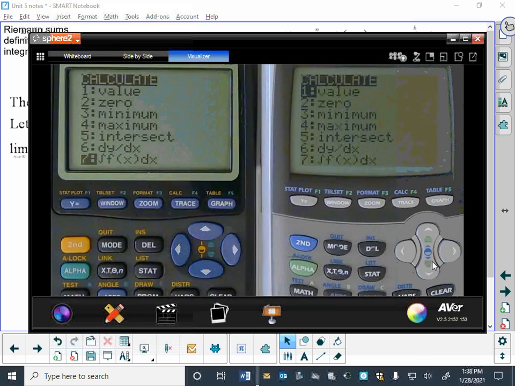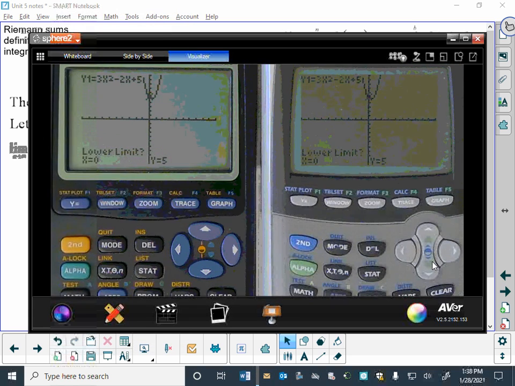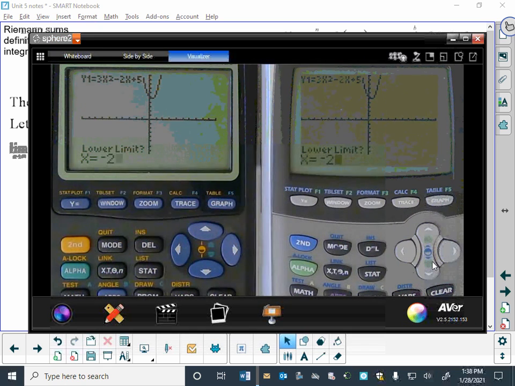So I am going to choose that option on both of these, and it's asking what is the lower limit. Well, I want to go -2 to 4, so I'm going to put the -2 in and hit enter. And then I want to go to 4. That's the upper when it asks it.